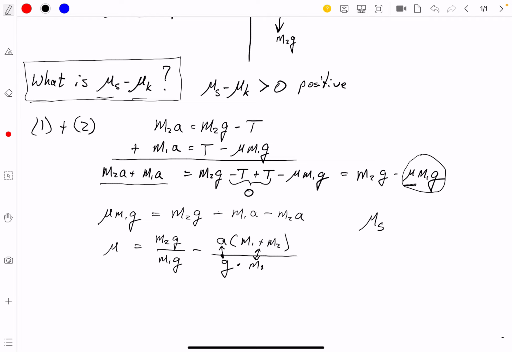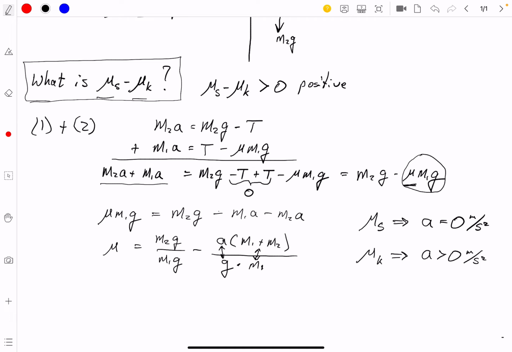So when mu is static, what is A? Well, it's static. There is no acceleration. So A has to be 0. For mu kinetic, A can be whatever we want. A is greater than 0, let's just say.